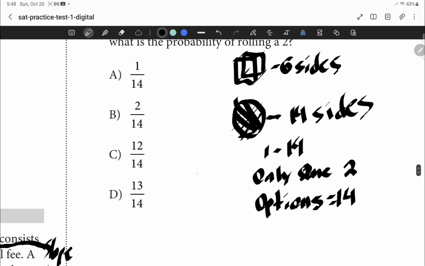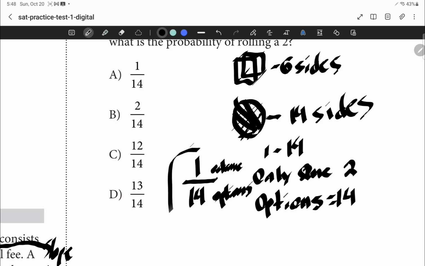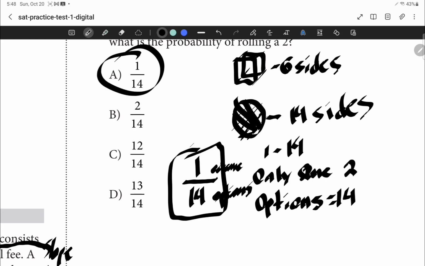So that means that our probability is going to be 1, because that's the outcome, and 14 is your options. So whenever you're doing probability, that is usually how it's going to work. You want to put your possible outcomes on the top, and on the bottom, you want to put all the options that you have. So in this case, it's going to be 1 outcome, but 14 different options. So my answer is also A for this one.